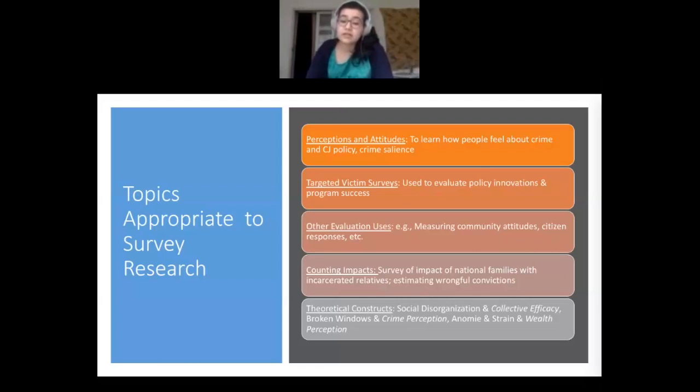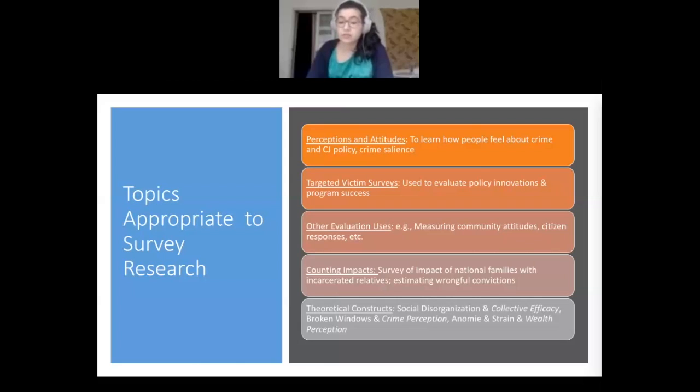And then there's definitely counting impact. So for populations that we know exist, but we don't know how large of a population they are, surveys can help bring to light how large this specific population is.